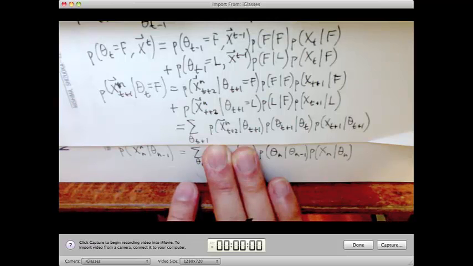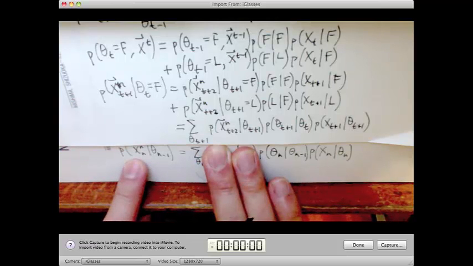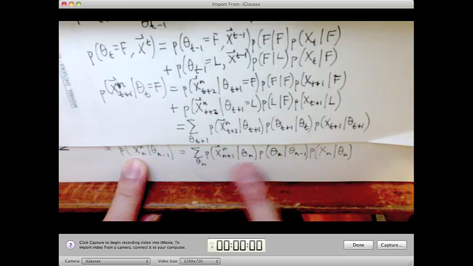So this equality will be true if this factor is just 1. Any questions about that?